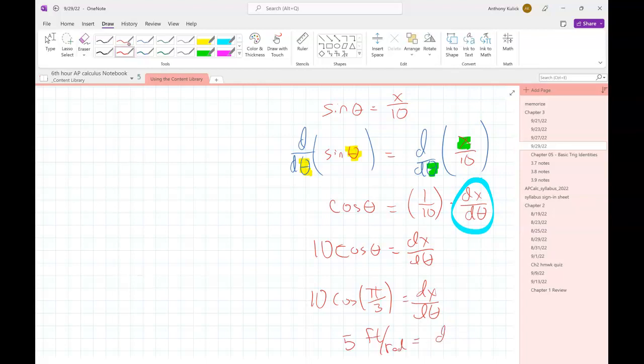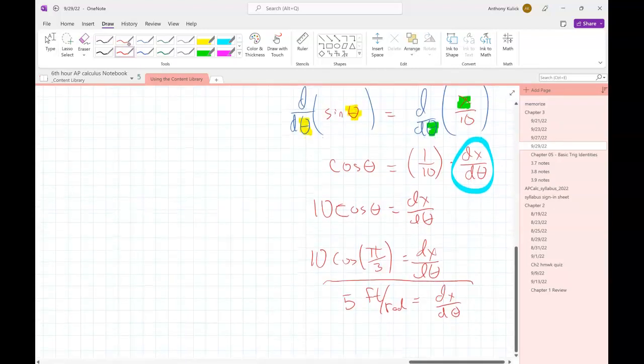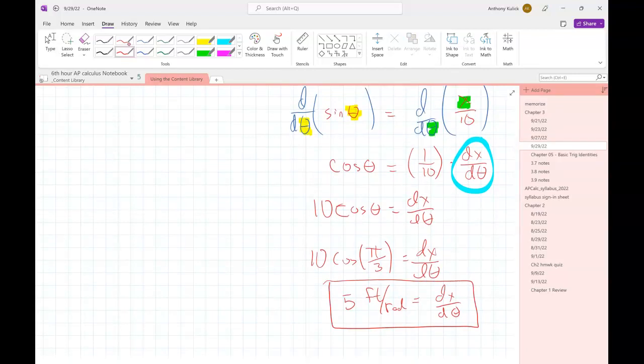So that rate would be 5 feet per radian. It's the rate at which the distance from the bottom of the ladder to the base of the wall is changing as the ladder slips down. Okay.